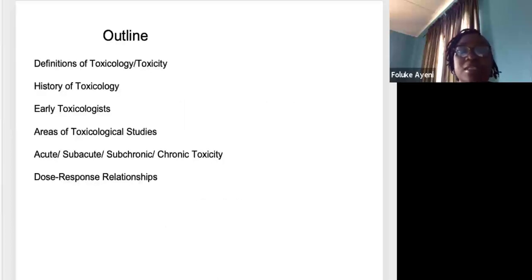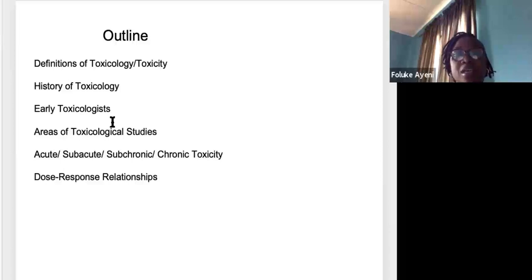So this is the outline we're going to be looking at. We'll look at some definitions that have to do with toxicology. We will look at the history of toxicology, some early toxicologists and how toxicology as a study evolved up till this stage, and how we got here, what they did, what they found out, how they were documented, everything about the history of toxicology.